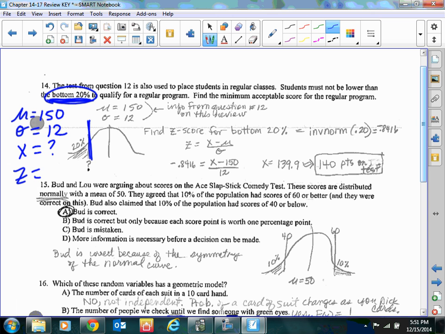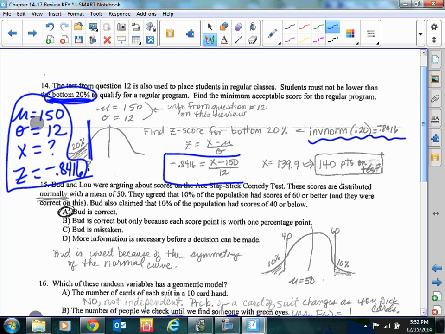And so inverse norm of this area below is negative 0.8416. All right, so now if you take this right here and you solve algebraically into this equation for x, you get about 140 points on the next test, assuming that they're in whole number points.